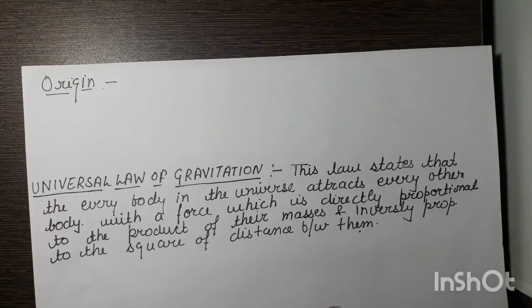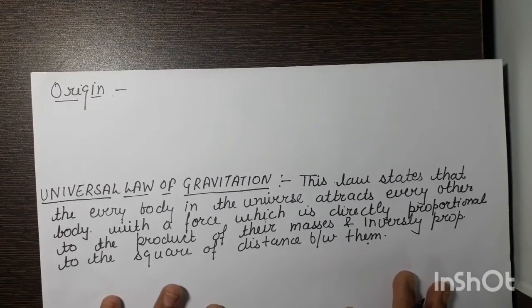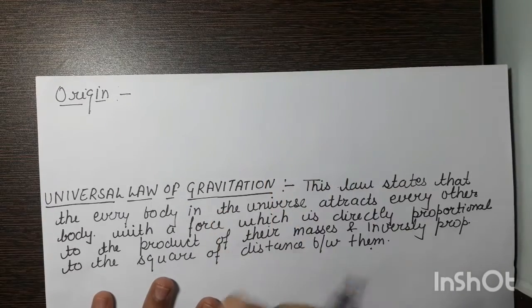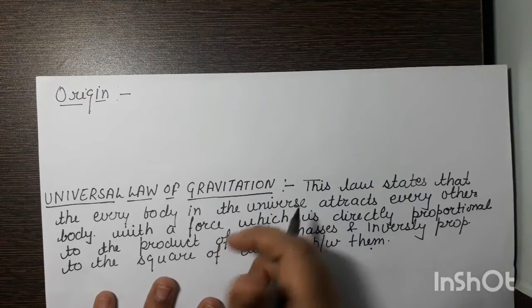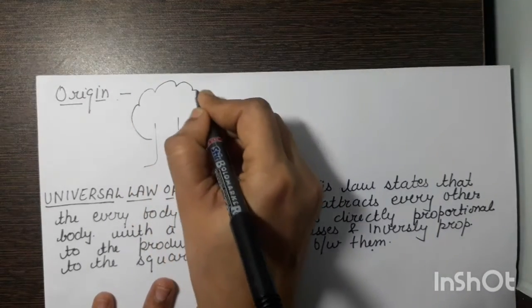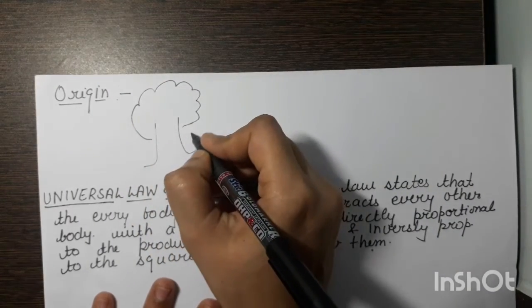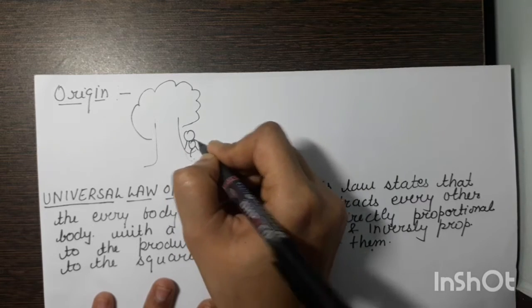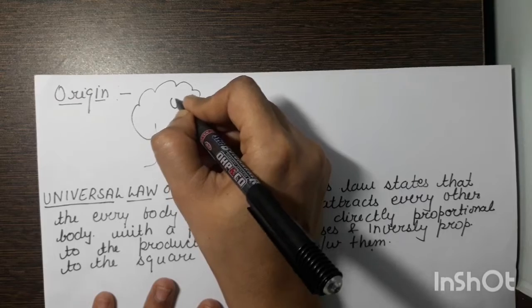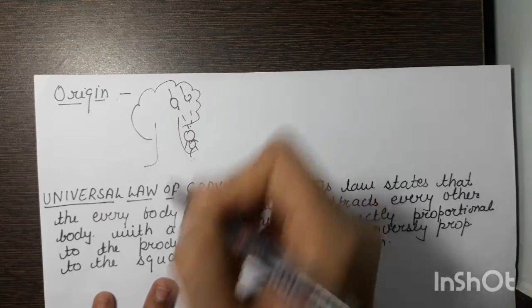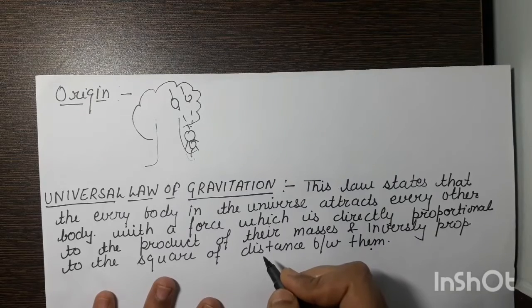Now if we talk about the origin of gravitation, what is the origin? You have all heard the very famous story of Sir Isaac Newton. Once Sir Isaac Newton was sitting below a tree. Then an apple from the tree fell down and hit the head of Sir Isaac Newton.